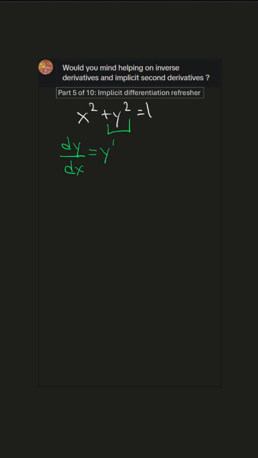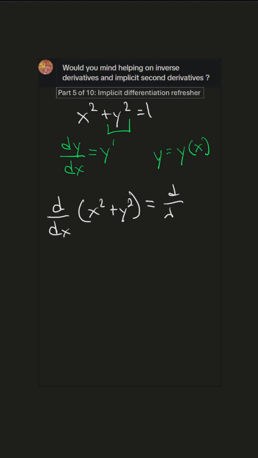So what we can do is treat y as a function of x, like that. And then we can use implicit differentiation. So we differentiate both sides with respect to x. So that's the left side, and then we take dx of the right side.